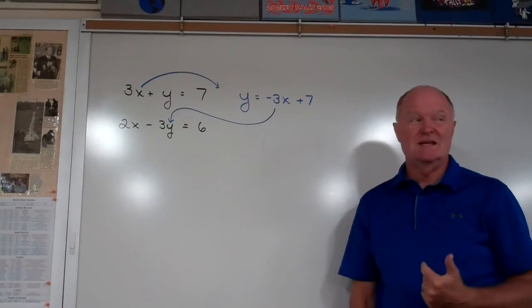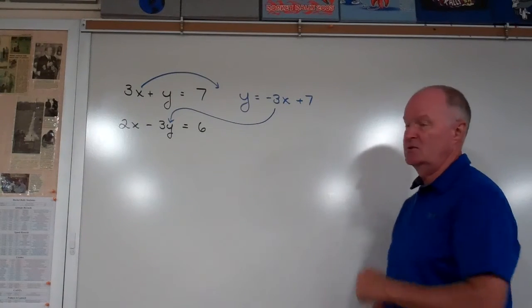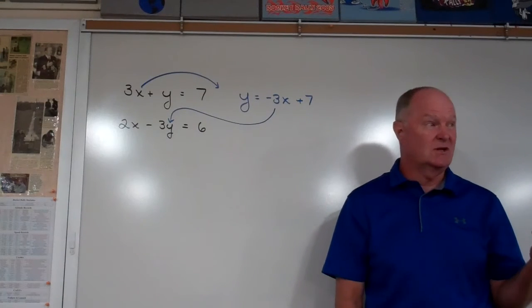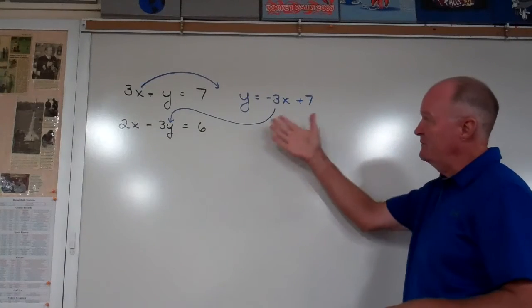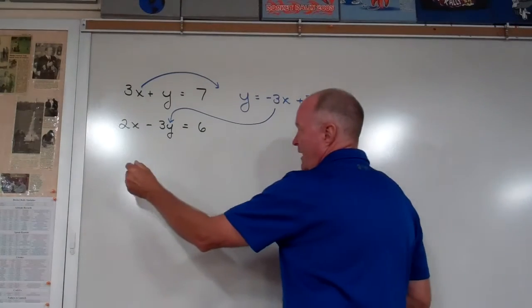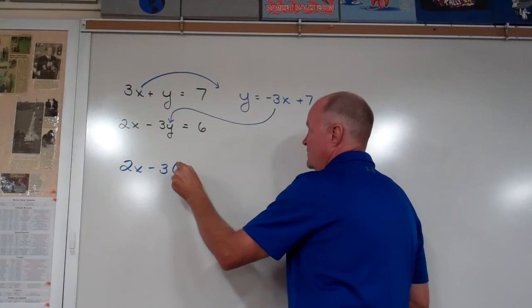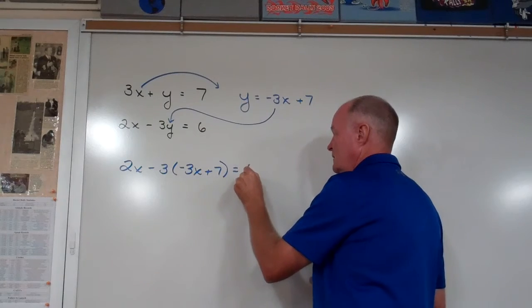It's usually whichever is the easiest. Okay? Now the problem with substitution, it might involve fractions. It just might. And it's going to get messy if it does. But once I've done that, I now have 2x minus 3 times negative 3x plus 7 equals 6.